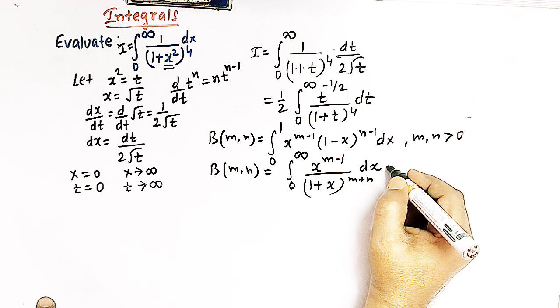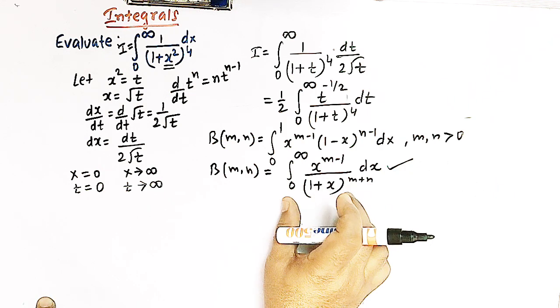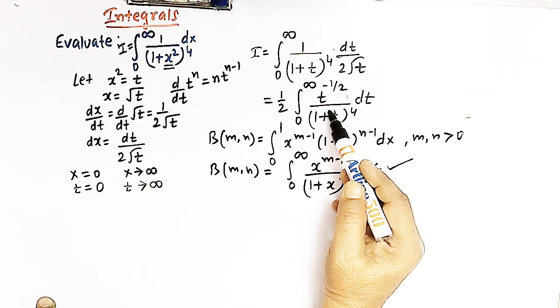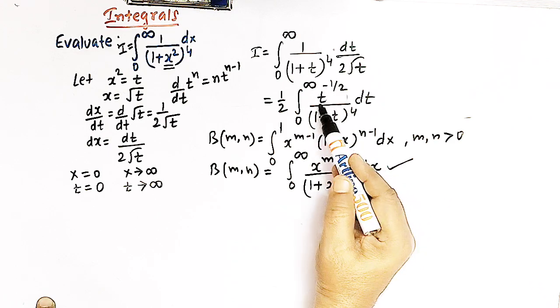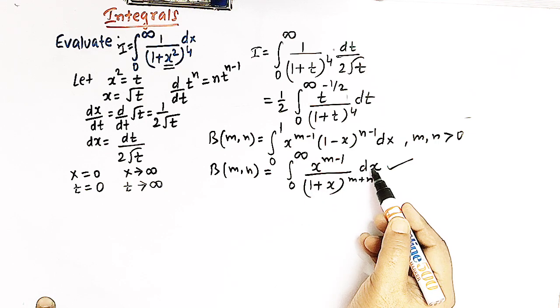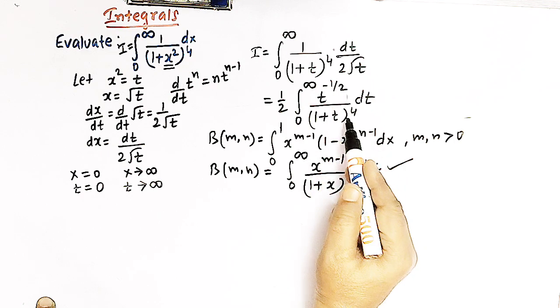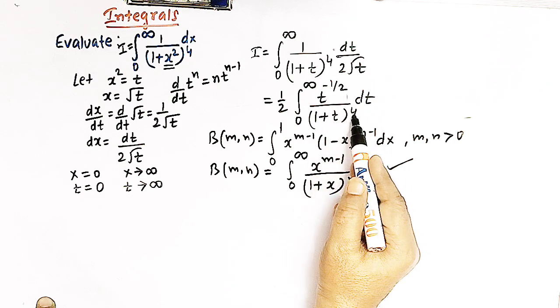So here we'll make use of this result, right? Now this integral is identical to this one. So here the variable is t, and here the variable is x. So here t raised to minus half, and here we have (1 plus t) raised to 4.